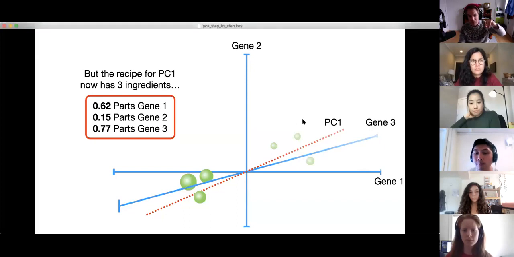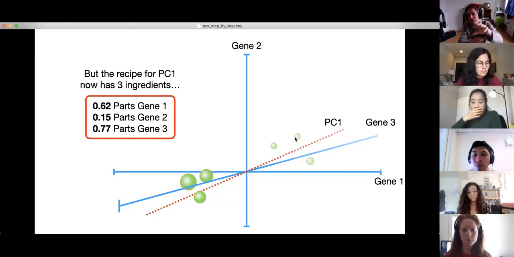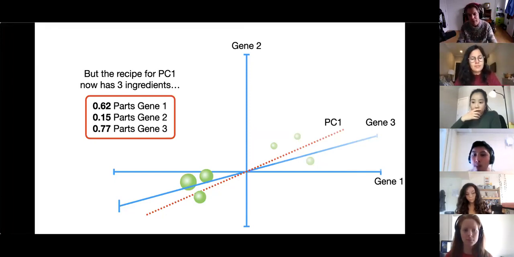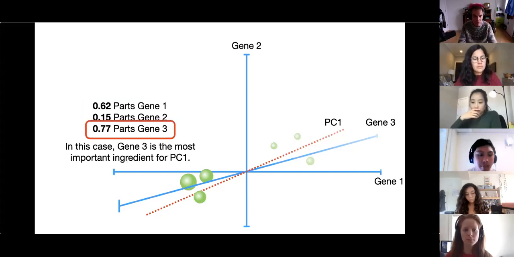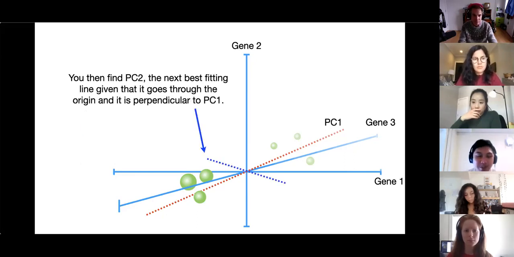I'm trying to draw that with these slightly harder to see, smaller balls, which are supposed to be far away, and these larger, brighter balls, which are supposed to be closer to us. You just have to imagine this 3-dimensional thing going on. So in this case, gene 3 is the most important ingredient for PC1.